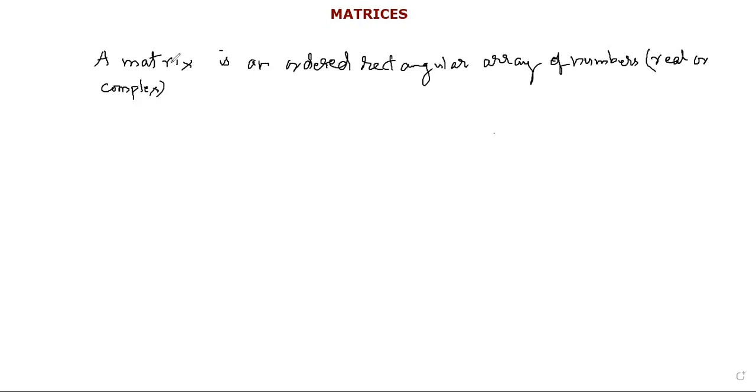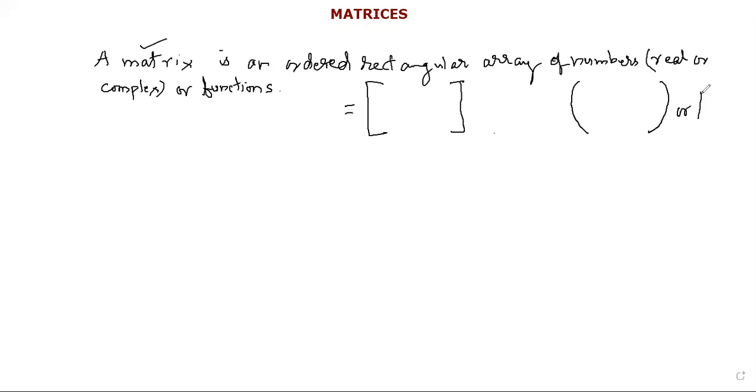Can be in the real form, or it can be in the iota form, or it can be functions. Can be a number, it can be a function. So if we write like this, and such an array is enclosed by, for example, these brackets to represent a matrix, or sometimes we use this one also, but mostly we are using these brackets for matrix.